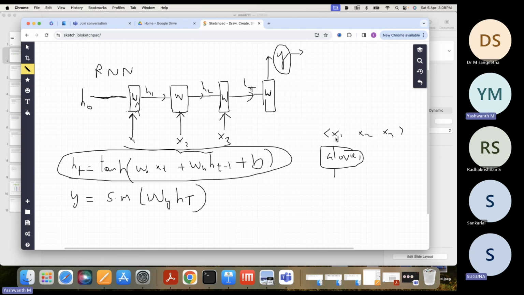So when I say x1 in the context of a sentence, that is what x1 means: the mapping of words to a vector of real numbers through Word2Vec or something.